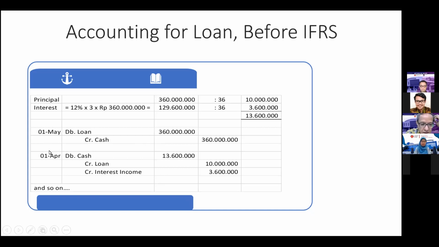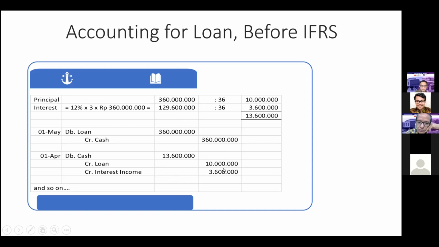A month later, debit cash 13,600,000, credit loan 10 million, which is 360 divided by 36, and interest income 3,600,000, which is 1% times 360. For the next month, the journal entry is also like this, so the interest is also 3,600,000, although the principal is now lower because the customer already paid 10 million.